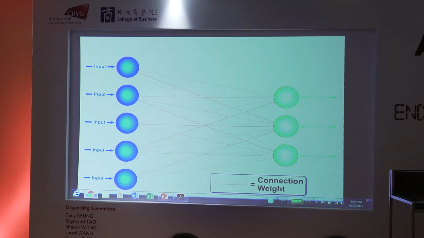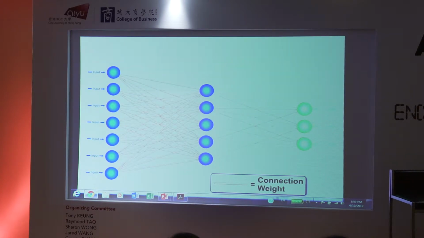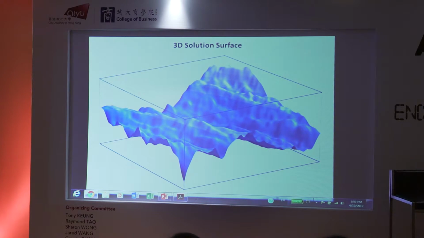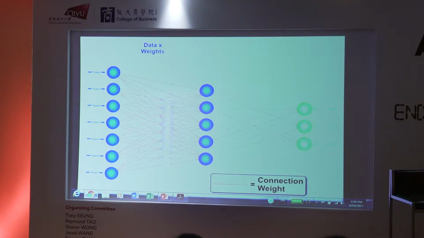When you connect them in layers, the mathematical formula becomes something like a multi-dimensional polynomial. This allows complex problems, like what is shown in this graph, to be discovered and used for our benefit. As before, information flows in and results flow out, but this time the input to the second layer is from the output of the first layer. The exact steps for a single layer are simply repeated for each layer of the neural network.